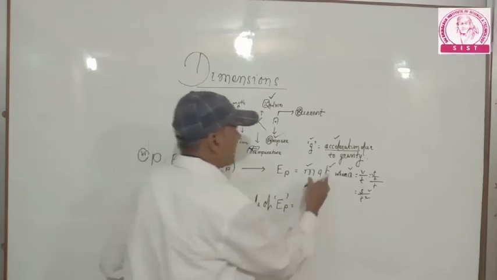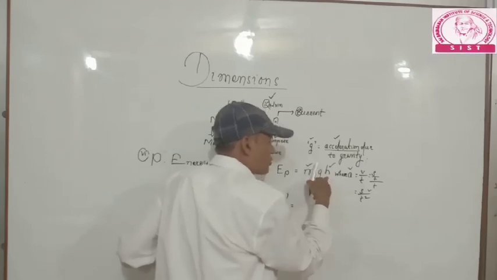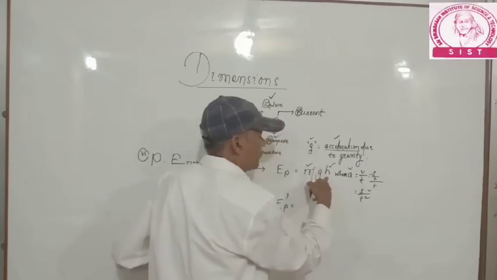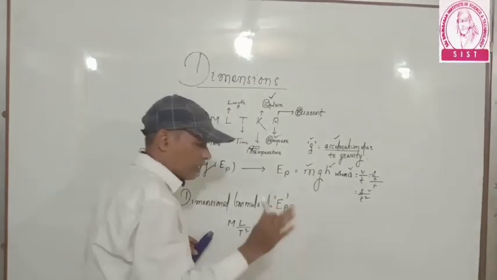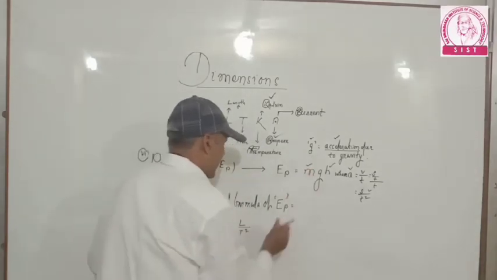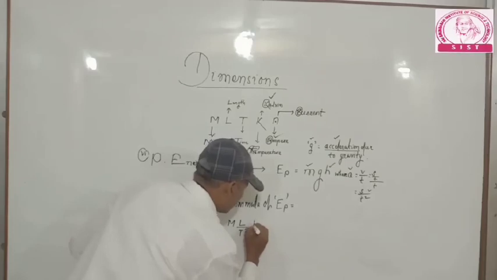Then height is also a length, measured perpendicular to the surface of the earth to the ground, so it is no doubt a length, write it length L.